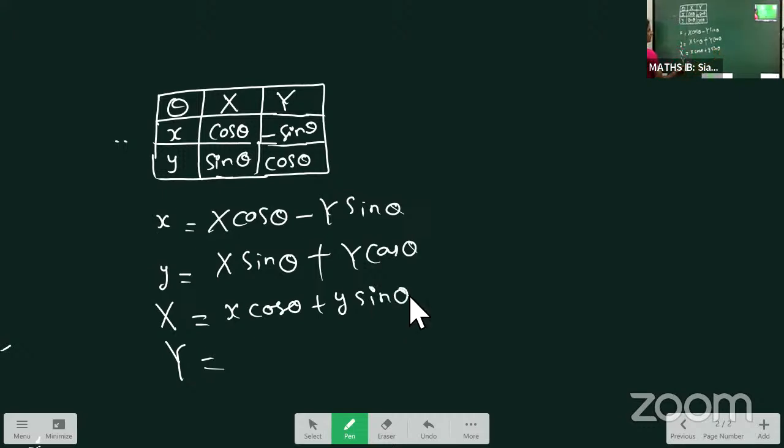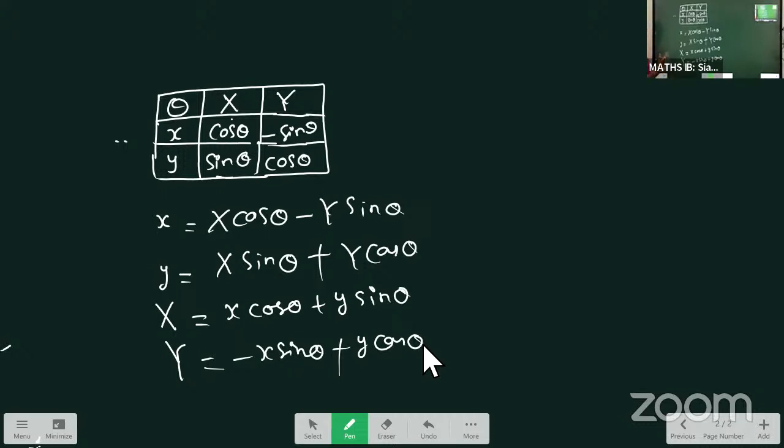If you want to write capital Y, close capital X. Here the minus symbol is there. So minus x sin theta plus y cos theta. If rotation of axis is given, this is the way of writing small x, capital X values and small y and capital Y values.